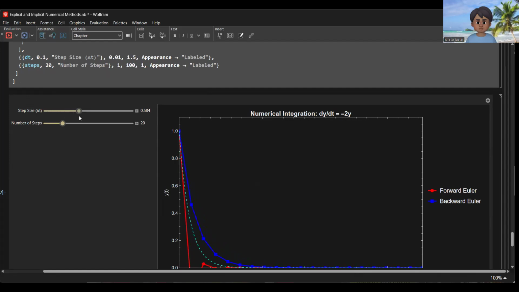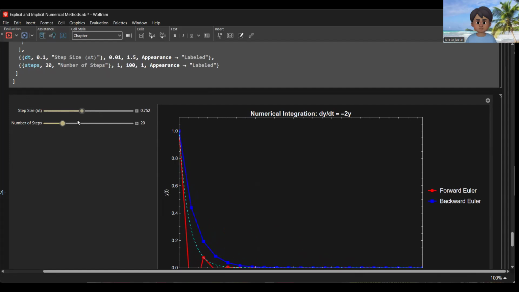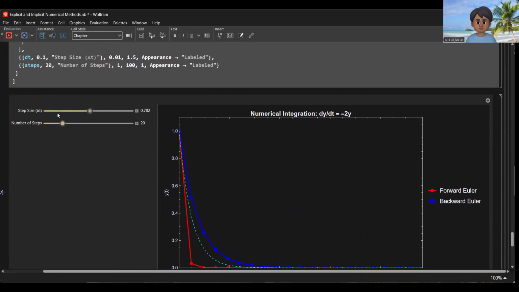So the backward Euler method still maintains its accuracy, but the forward Euler method is no longer accurate for the greater step size here. So like this one. We have the total number of steps equal to 20.